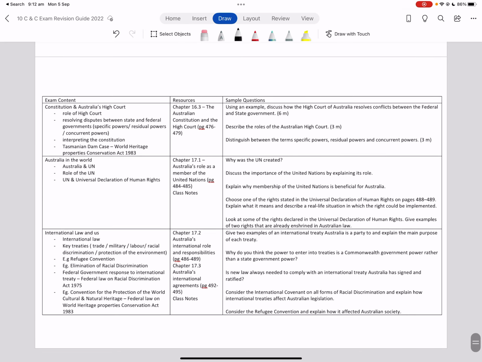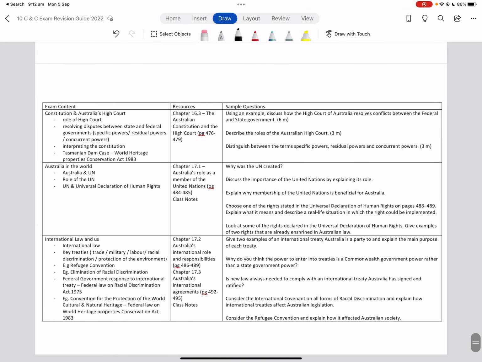So let's have a look at the potentially examinable or accessible content. So we've got 3 sort of blocks that are going to be assessed in this exam. The first being the Constitution and Australia's High Court.